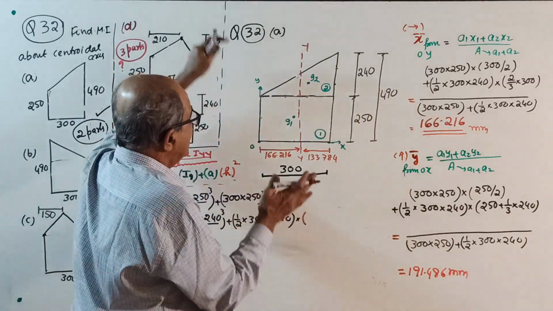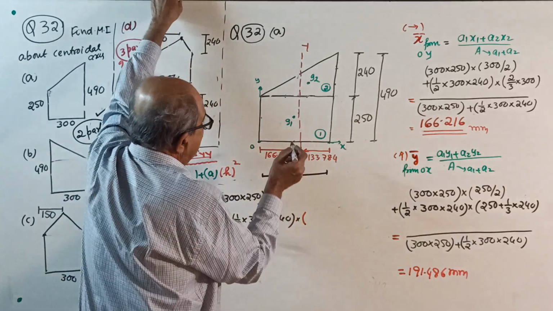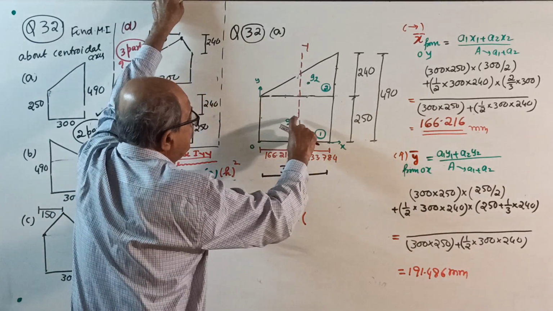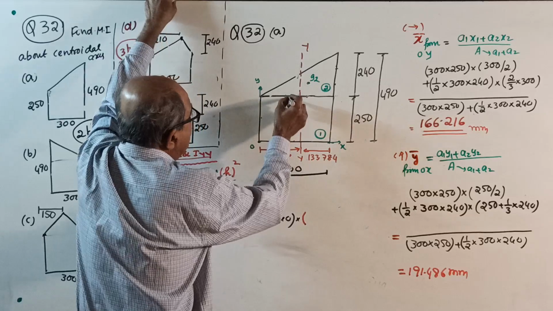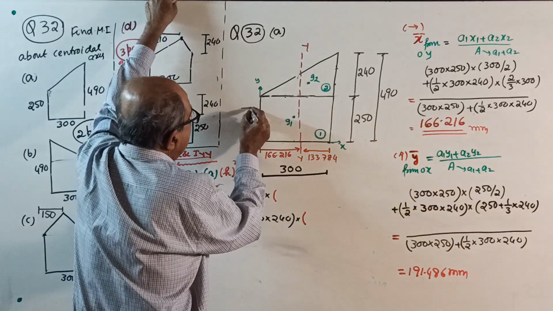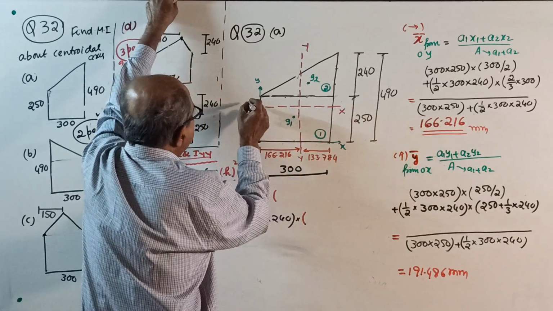Location of YY. Then Y bar, 191.486. From here to here is 250 by 2, 125, more. But up to here is 250, so little below, 191. This is your x-axis.